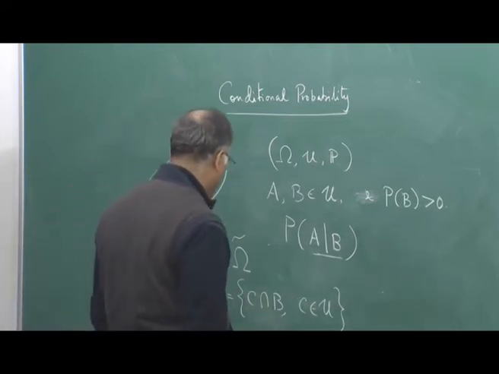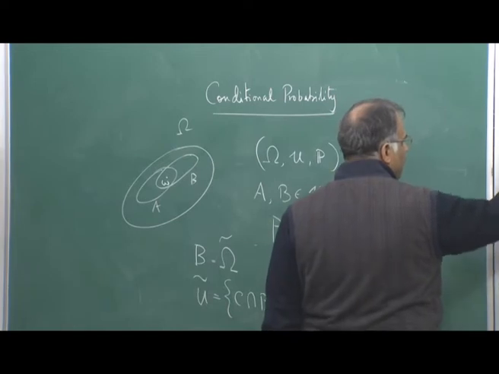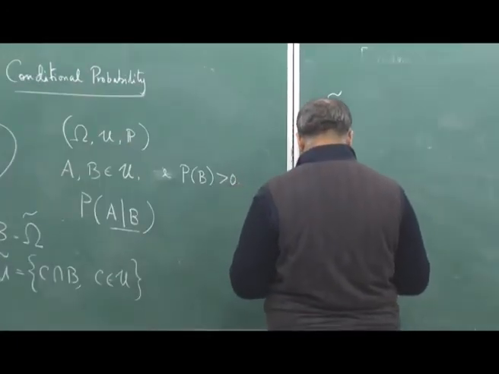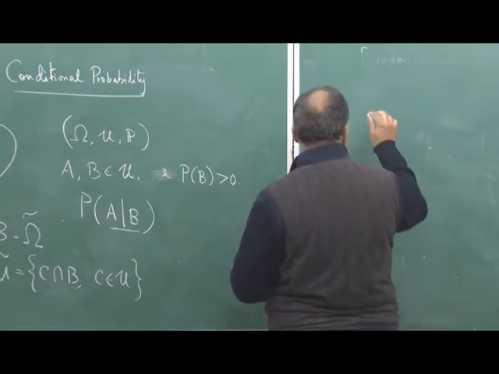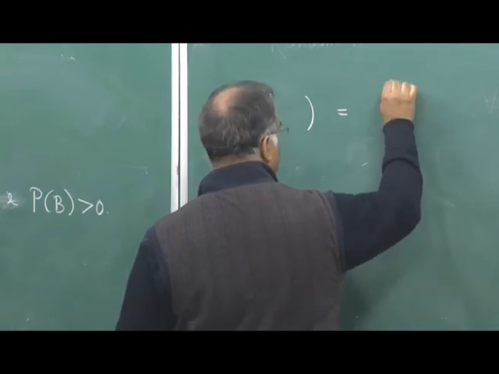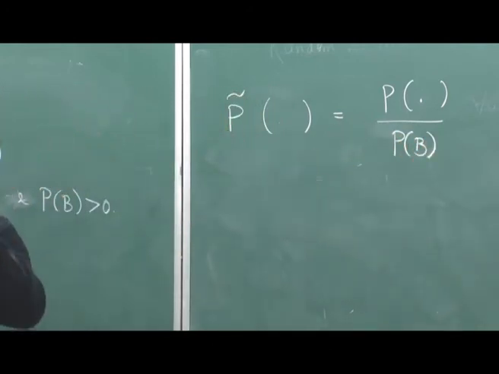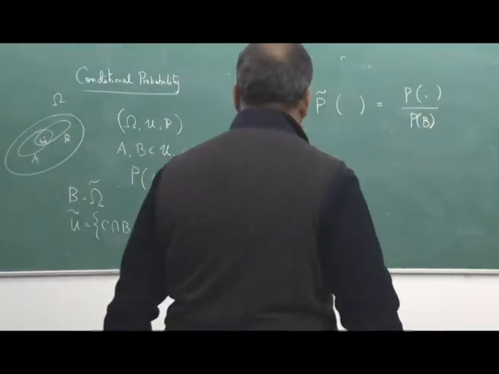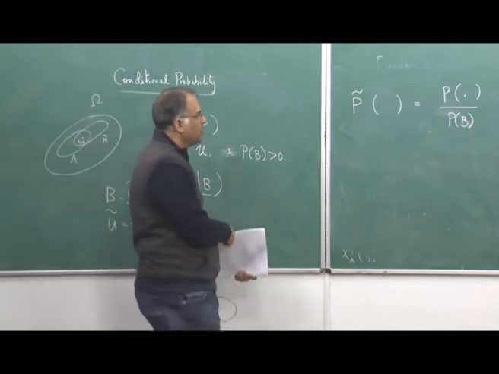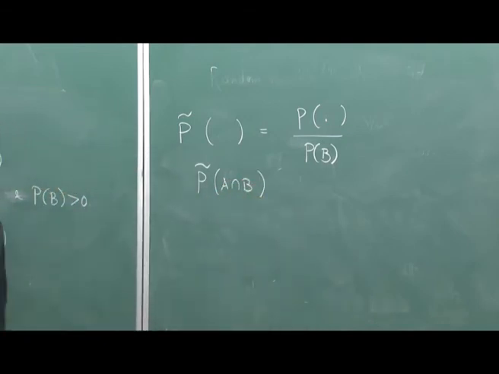Now I define by P tilde the following probability measure. I have to divide by P of B, which I know. But A intersection B is actually an event in U, while here I am considering some sort of subset of the events in U. Now if I want to consider P tilde of A intersection B, that is, under this new probability measure, what is the joint occurrence of A and B?